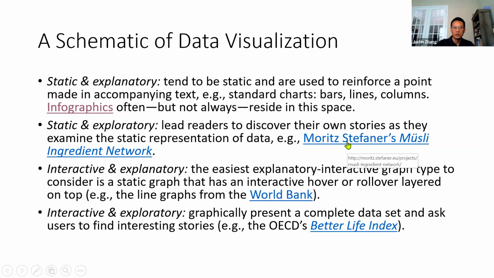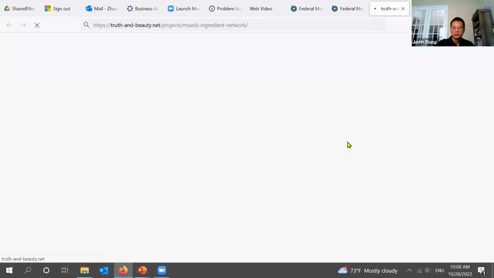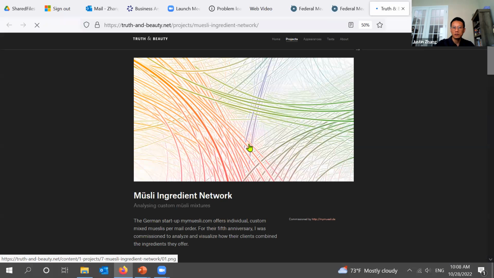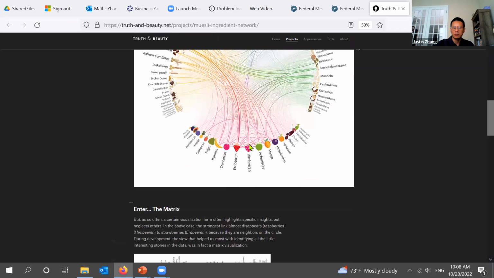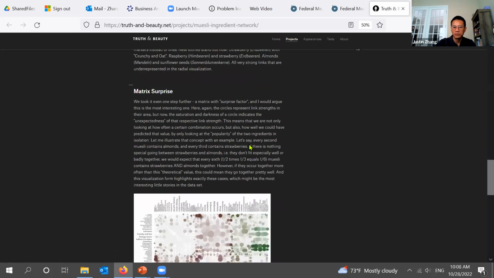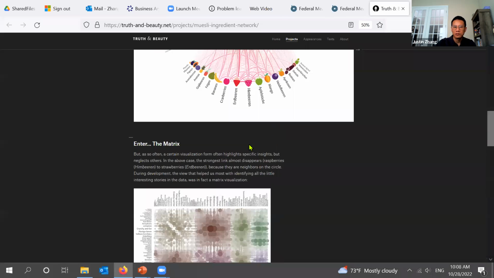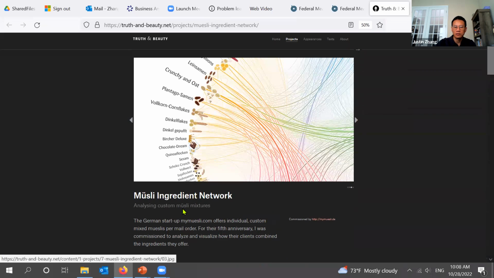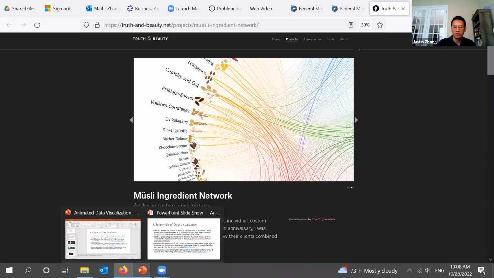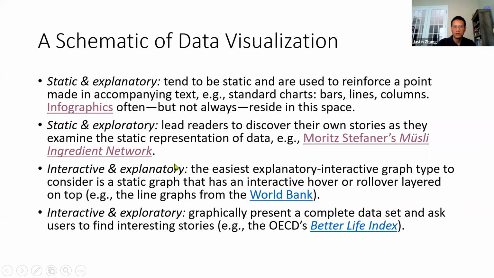It's static, but it's exploratory. Even though it's not moving, it's still exploratory, which means that the audience can use the data visualization to discover their own story. So this is the example for the second type of data visualization based on this scheme.